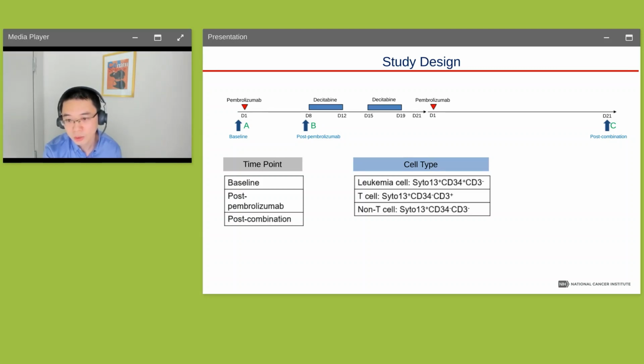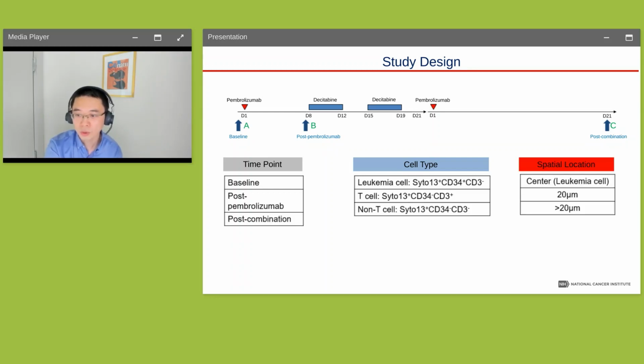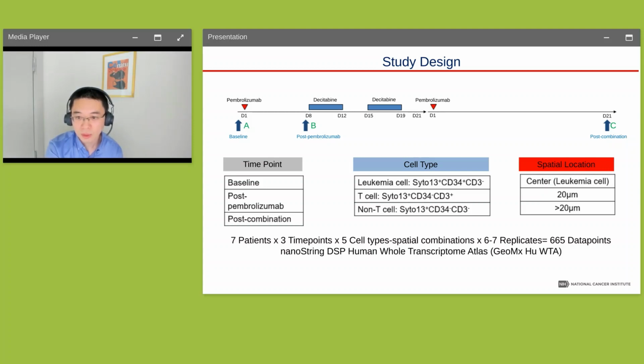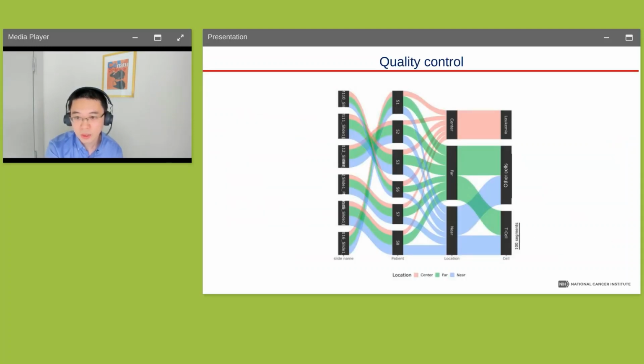T cells are positive for CD3, and non-T cells, those are the stroma cells, are positive for Cyto13 only, negative for both CD34 and CD3. And then we also have the spatial location, which is the center, and then the nearby cells within 20 microns or the cells more than 20 microns. So this is a very large study. After the QC, 6 patients passed the QC.